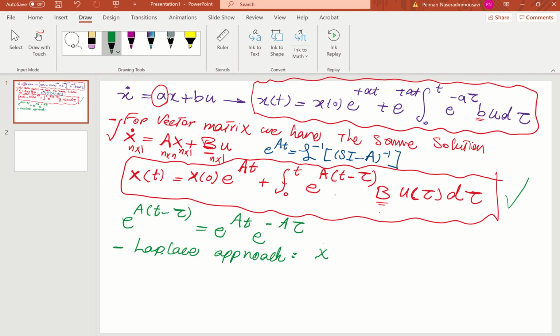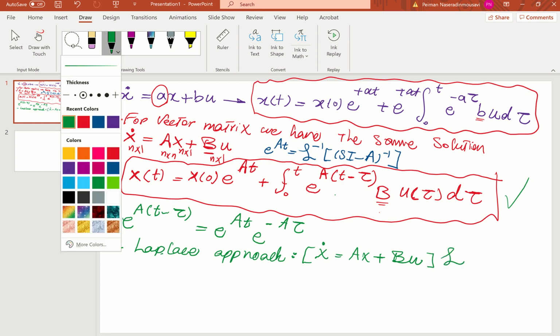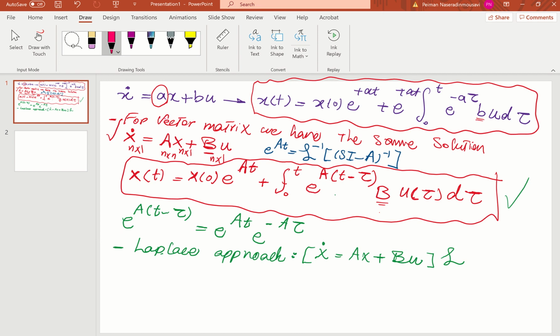We have this state space LTI system, x dot equals Ax plus Bu. If I apply the Laplace transform on both sides, as you know from undergraduate control, you get s X of s minus the state variables at time 0, the initial conditions, equal to A X of s plus B U of s.